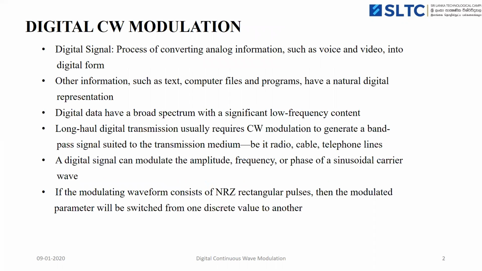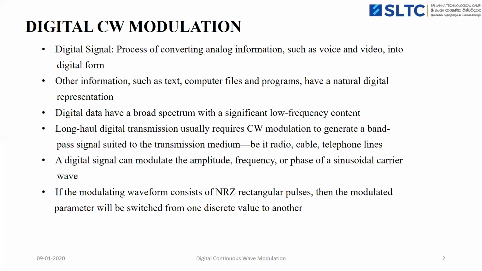So there is a basic difference between the digital modulation techniques and the digital continuous wave modulations. Digital signal means the process of converting analog information such as voice and video into digital form. The other forms of digital signals, for example text messages, computer files, and programs, all come under digital information.